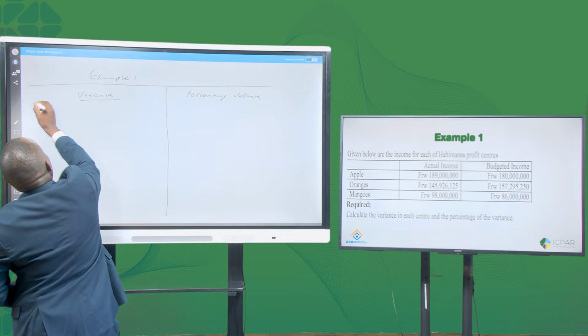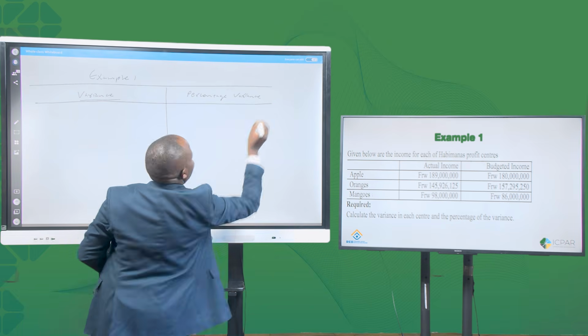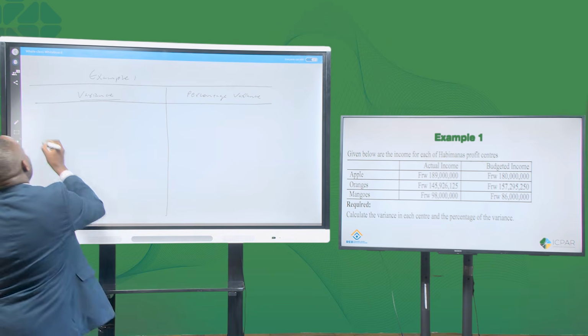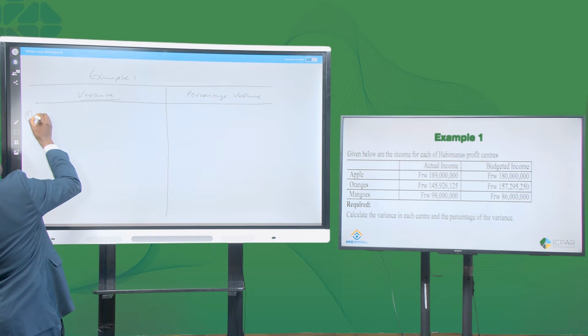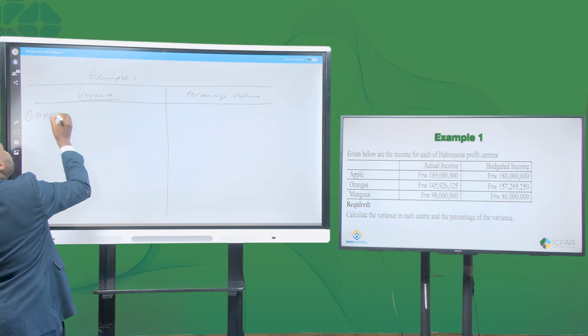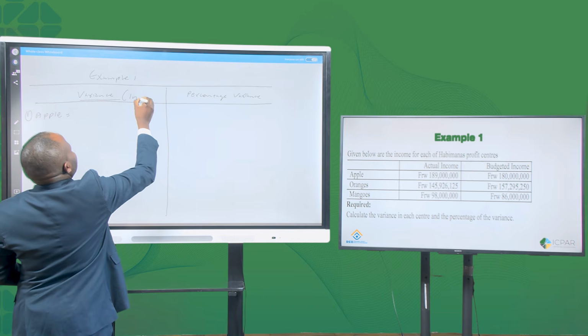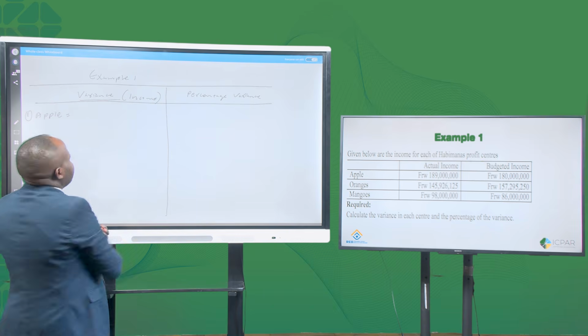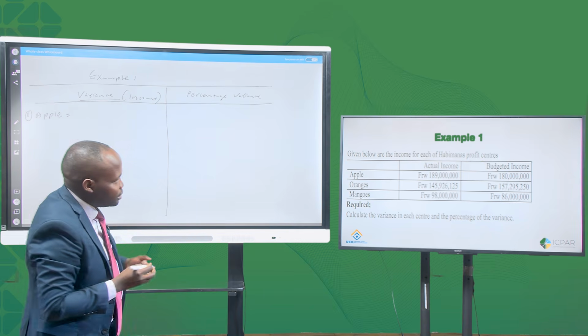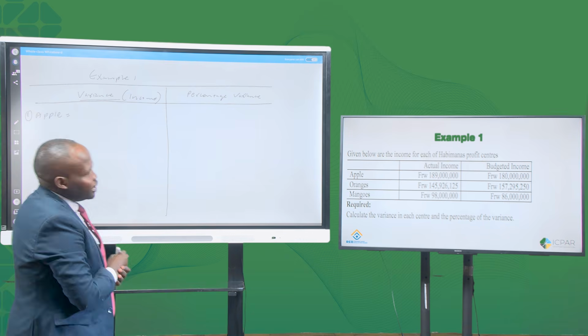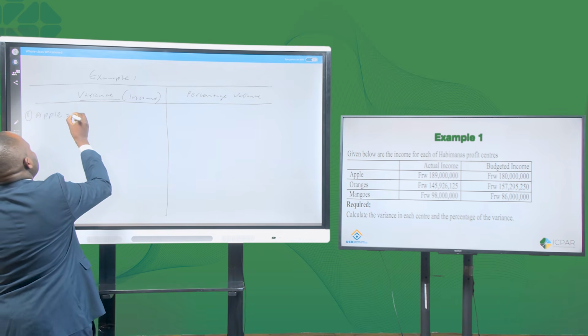So number 1, apple. Remember, these are income variances. It's important to know the type of variance. Income is money that comes in. So we had budgeted with an income of 180 million.